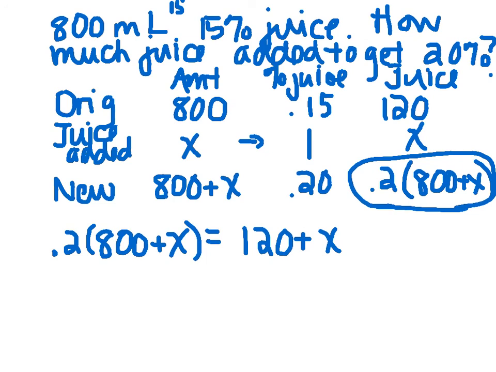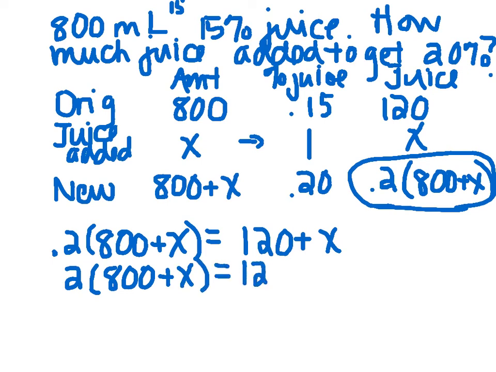And again, now we can multiply by 10, making this 2 times (800 plus x). And if I'm multiplying by 10, I have to multiply each of these terms. So it's 1200 plus 10x.